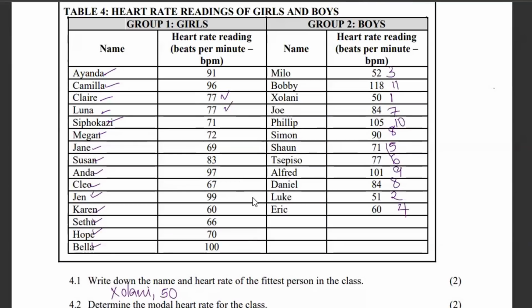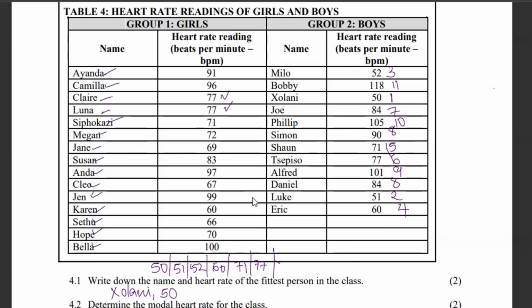So let's arrange them. We have 50, 51, 52, 60, 71, 77, 77.